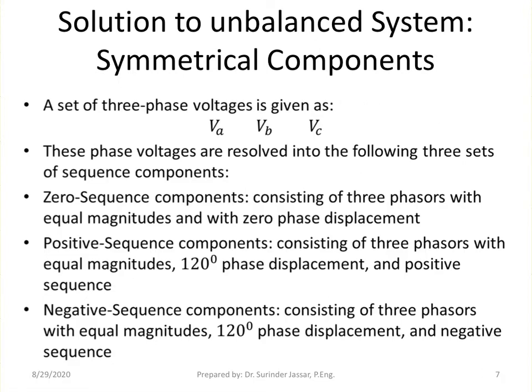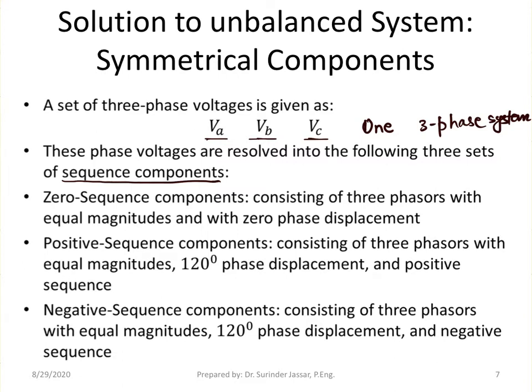A set of three-phase voltages, let's say, is given as VA, VB, and VC. These phase voltages are resolved into the following three sets of sequence components. Let's write it like this: one three-phase system, right guys? One three-phase system.